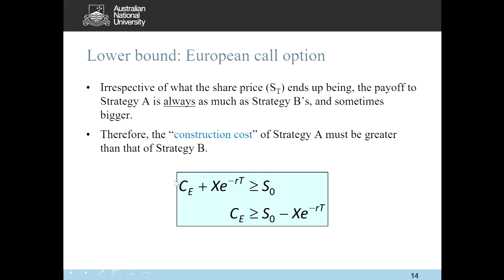But longing the call option is not the full strategy. Why? If you take a long position in the call option, and you exercise the call option, what would happen to you? You need to pay the strike price X to get the underlying share, right?